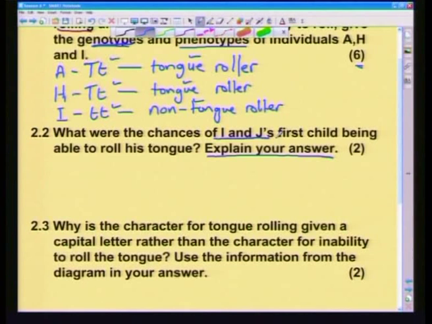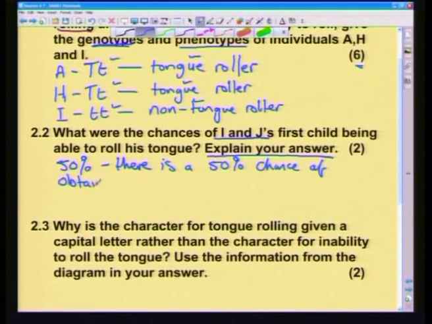So I and J's first child being able to roll their tongue, it would always be 50%. All right? Why? Now we have to explain it. There is a 50% chance of obtaining a capital T, small t combination.